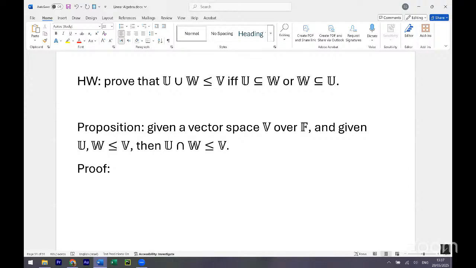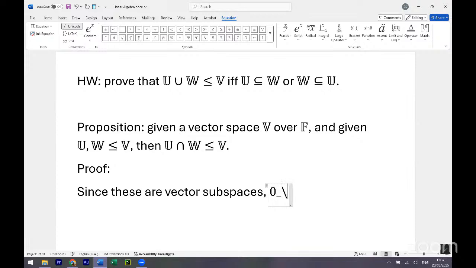Thomas, what should we do in order to prove that the intersection is a subspace? The 0 element. Yes, is the zero element within the intersection? Why? For it to be a vector space, there is a 0 element. Since these are vector subspaces, each of them contains the zero vector.